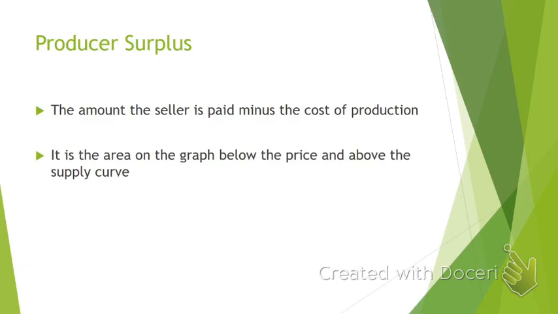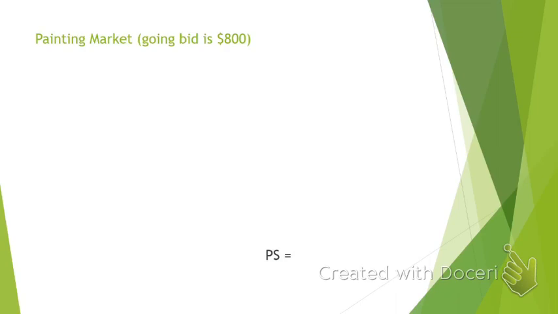So the producer surplus, the amount the seller is paid minus the cost of production, is the area of the graph below the price and above the supply curve. So, when you're looking at a graph and you're asked to identify the producer surplus, find the supply curve and then go up to the price. That's your area of producer surplus.